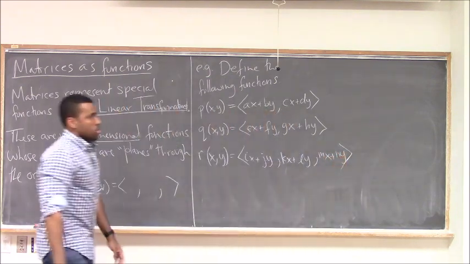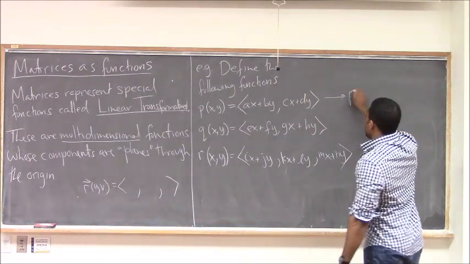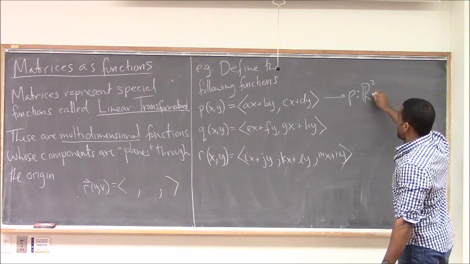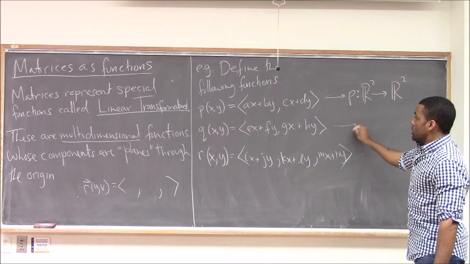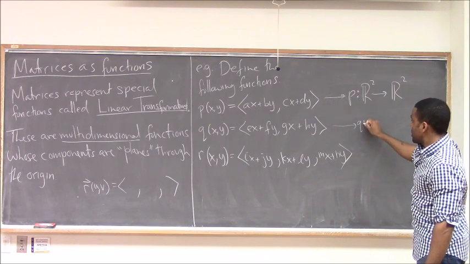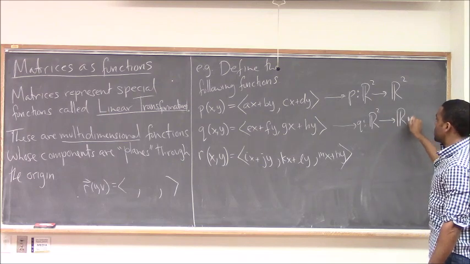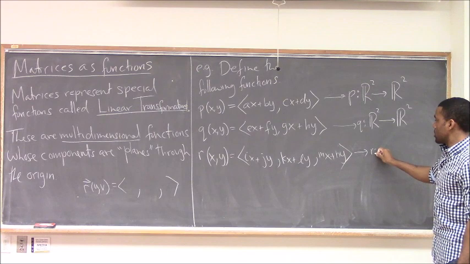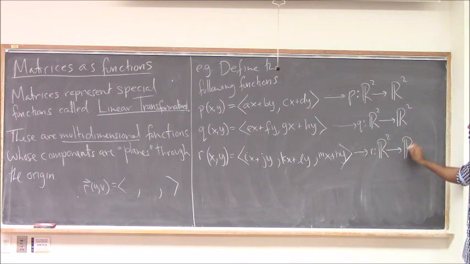Okay. So notice how you can think about these functions. P is a function from, say, R2, and the output is also in R2. Q is also a function whose domain is in R2, and the output is in R2. This guy is a function whose input is in R2, but the output is in R3.